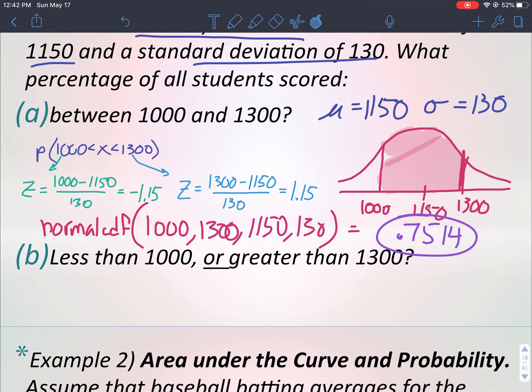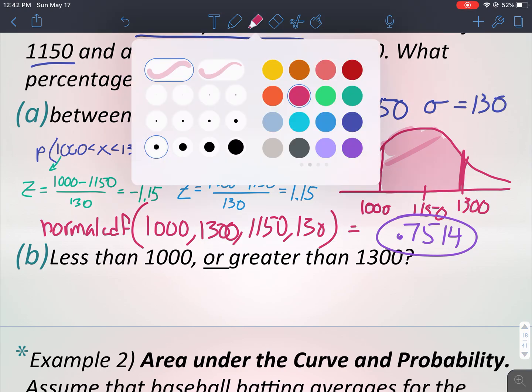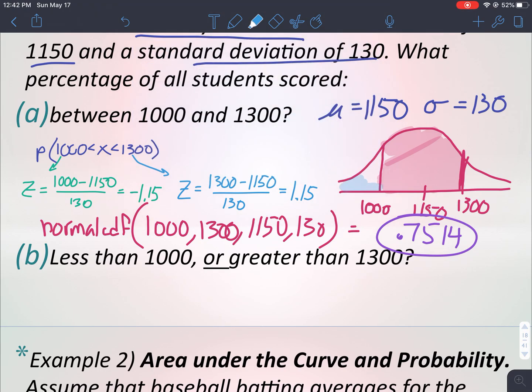Part B. You should have tried that as well. Hopefully you realize that it is the complement because it's the other parts of the bell curve.